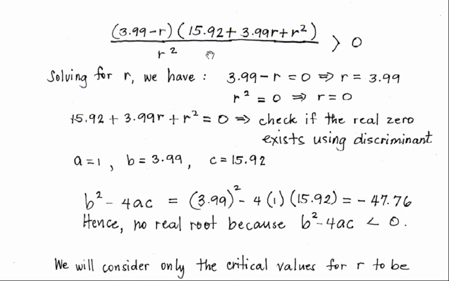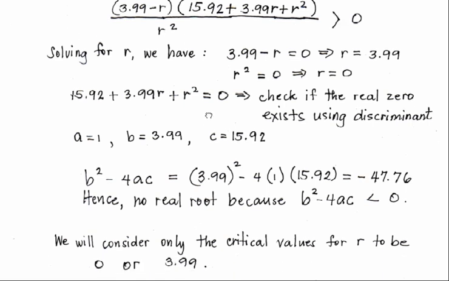But there are two kinds of critical values we can have here. Set the numerator equal to 0 to get the value of r that makes the rational inequality 0, and set the denominator equal to 0. It will make the expression undefined, but it doesn't matter as long as we get the critical values for r. That is our objective for this process.